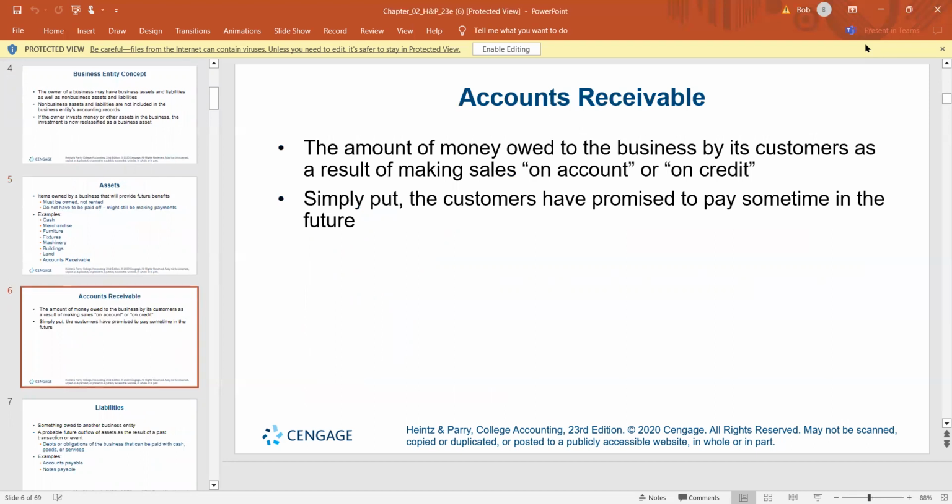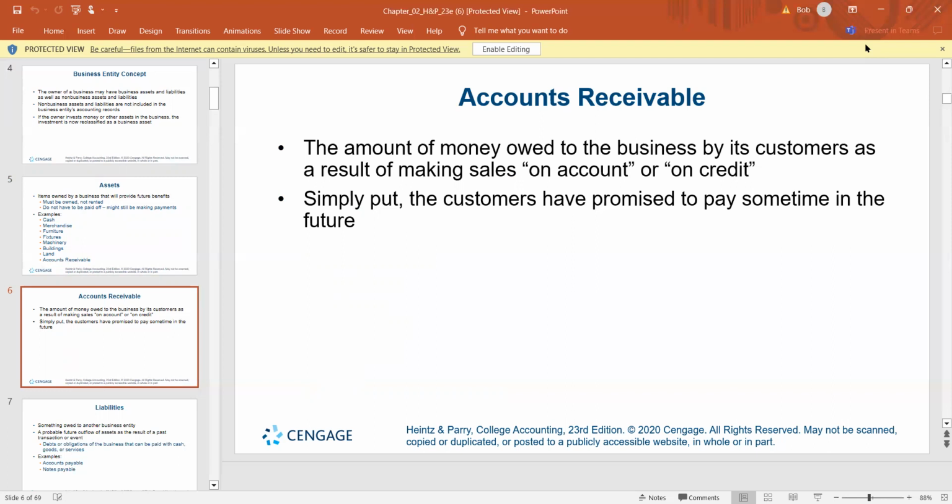Let's pay particular attention to accounts receivable. The amount of money owed to the business by its customers as a result of making sales on account. In other words, it represents the money owed to us by our customers at a particular point in time. I run a company here and my accounts receivable is $1 million, and Ali owes me 700,000 and Anna, you owe me the balance of 300.